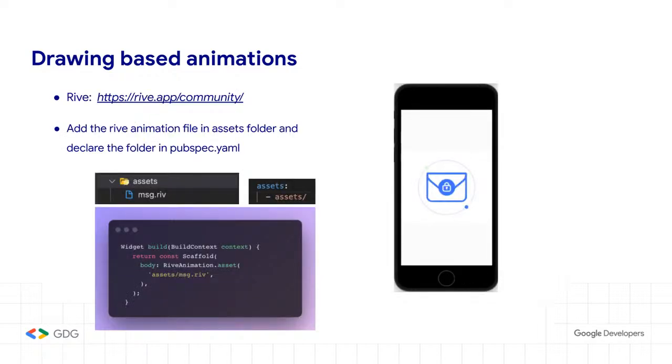So the Rive animation, we can explore. There is a library of animations on their website, and you can either download the animation file, store it in the assets folder, and then declare the assets folder in the pubspec.yaml, and you will be using the RiveAnimation.asset widget, and the string will be the path to the animation file.